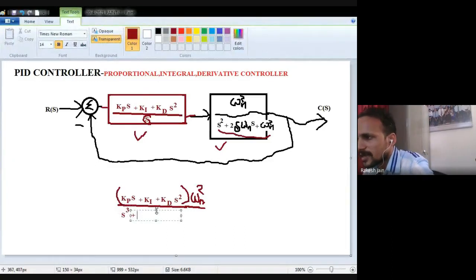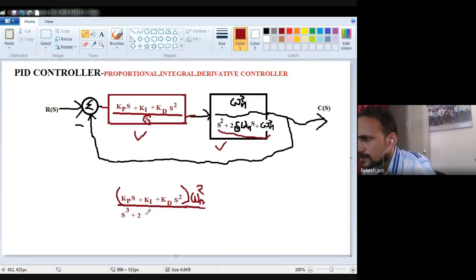Then twice delta omega n S square plus omega n square multiplied by S, that is omega n square S.